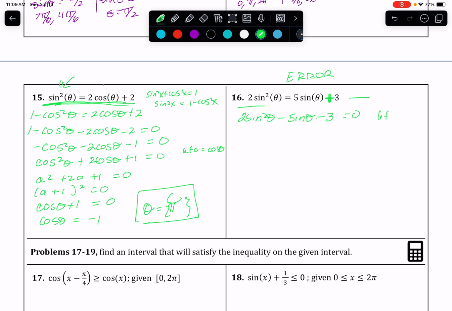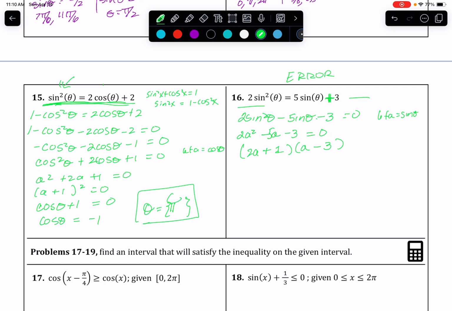So let a equal sine theta. So we have 2a squared minus 5a minus 3 equals 0. That would be 2a and a, and this would have to be a minus 3 and a plus 1.